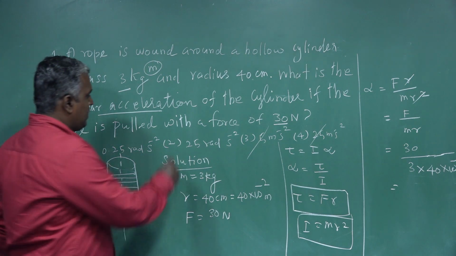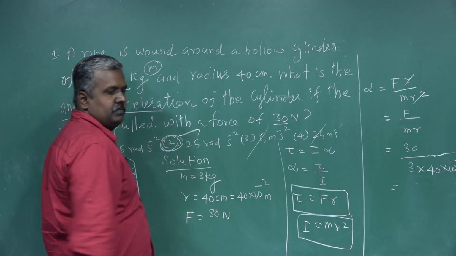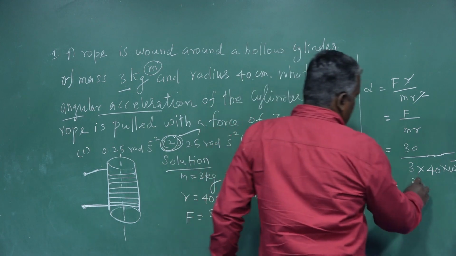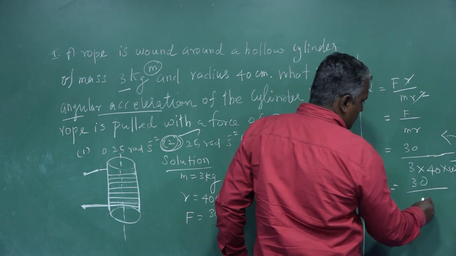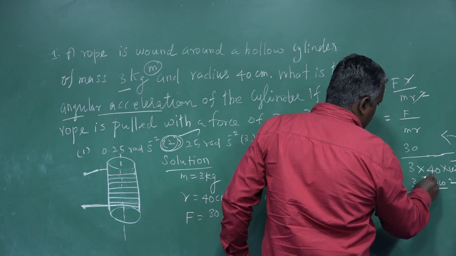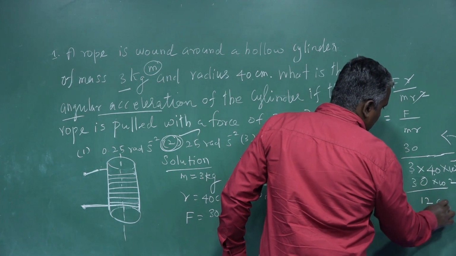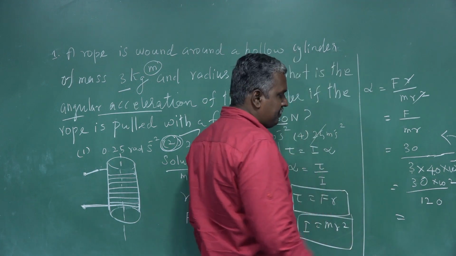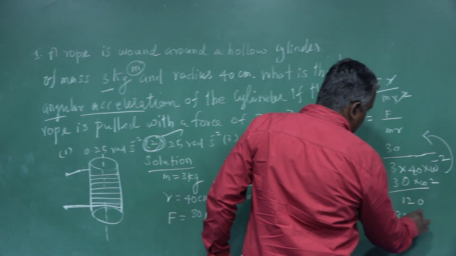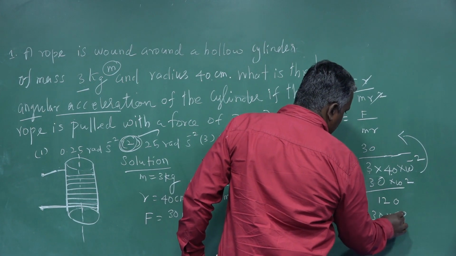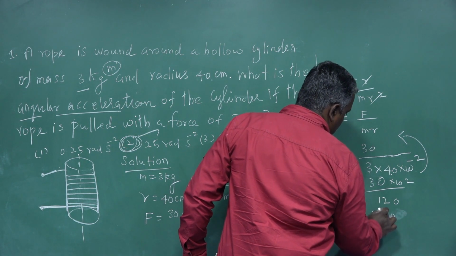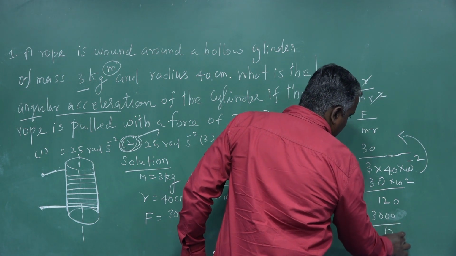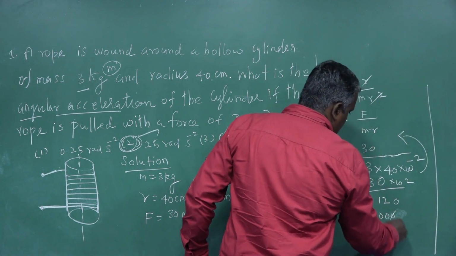Yes, very good, second option. So 30 into 10 power 2, you must add a double 0. Therefore 3000 by 120, the 0s cancel.